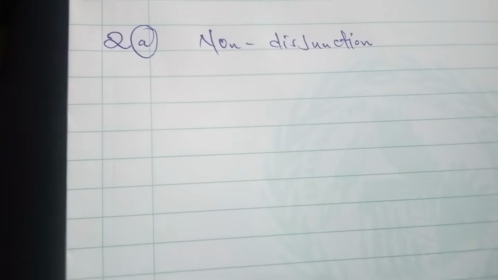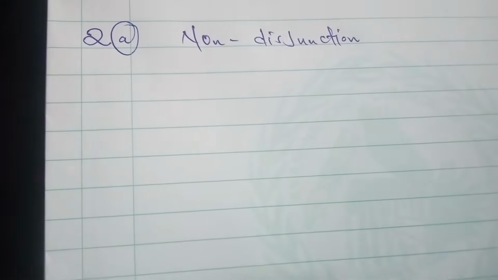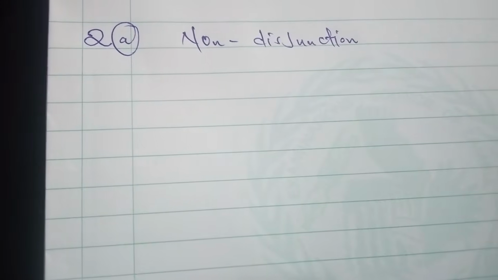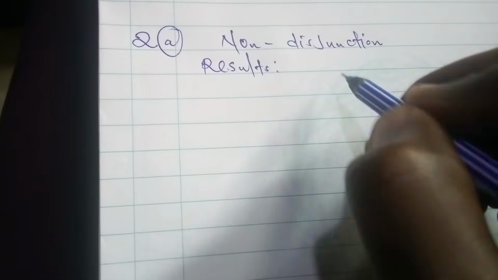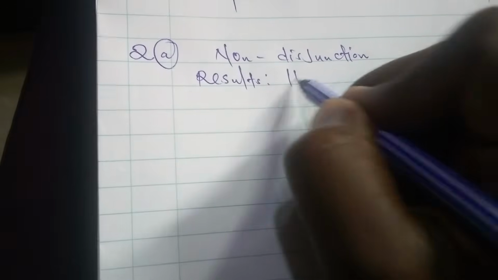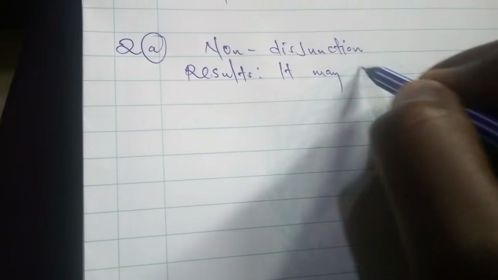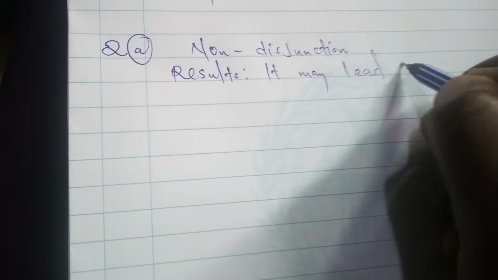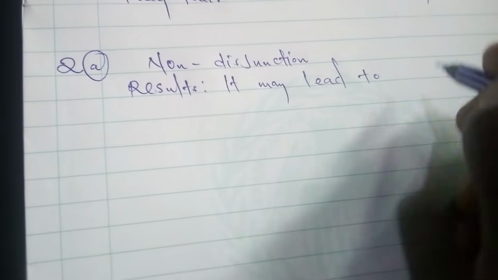Nondisjunction is the process by which sister chromatids fail to separate during cell division. Now this may result, or the effect of this is that it may lead to aneuploidy.